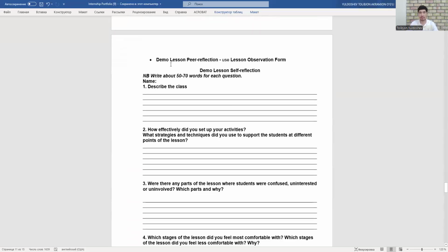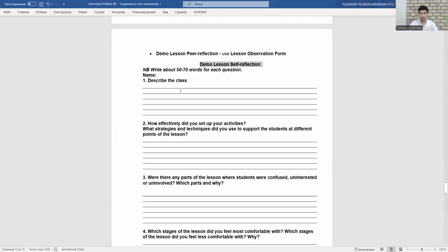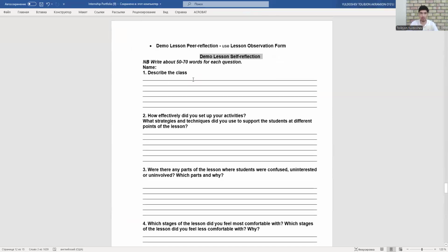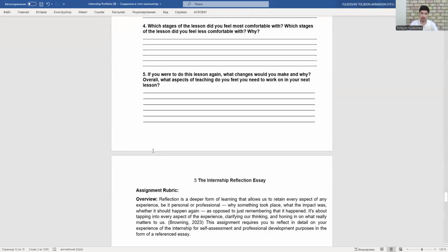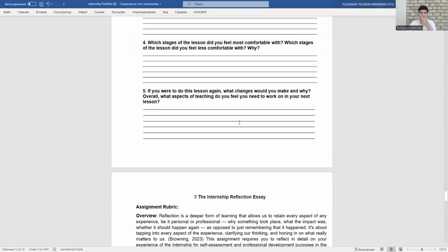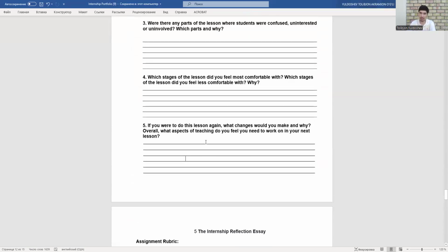So, by the way, here it says demo lesson, peer reflection, use lesson observation form. For demo lesson self-reflection, you need to answer these questions. 1, 2, 3, 4, 5 questions. These spaces are given here, but this doesn't mean that you are limited or you have to write these 6 lines.